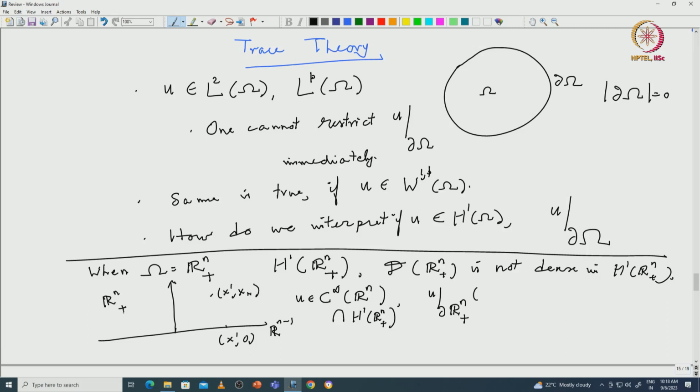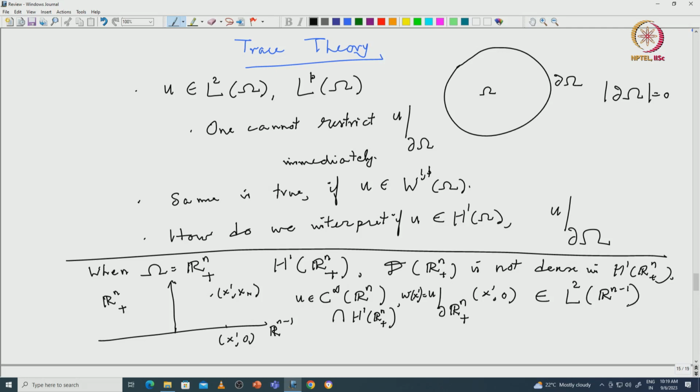So, you can define u of x prime, 0 immediately. Once you know this, if you call it w of x prime, a restriction of u, then you can actually show that it belongs to L2 of R n minus 1. You see, it is on the boundary.